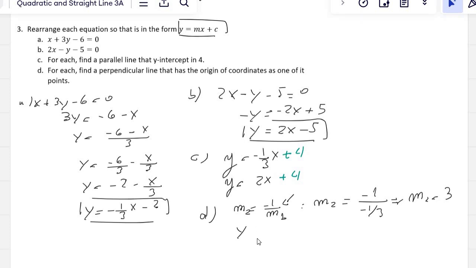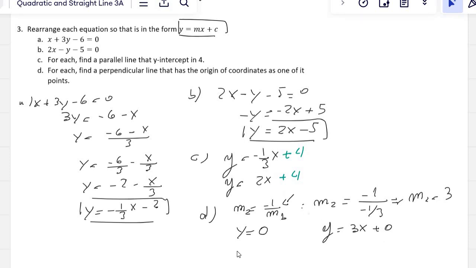And what is the y-intercept? Since it's the origin of coordinates, the y value is 0. So the expression will be y equals 3x plus 0, but we don't write the 0, okay? It's just y equals 3x. Or you can write it, it's the same.